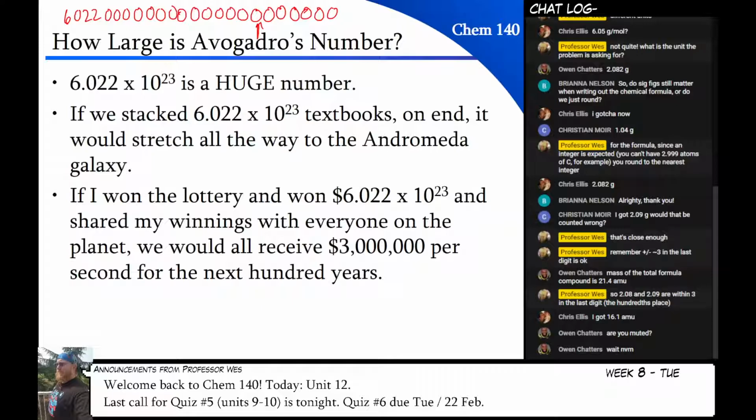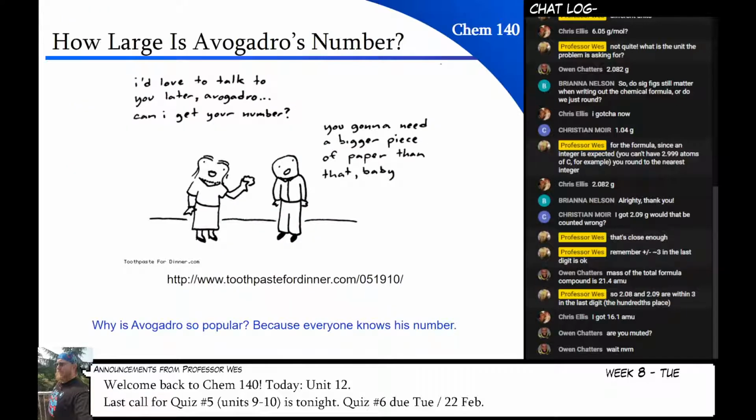You would out-Bezos Jeff Bezos by like 10 to 12 orders of magnitude, which is absurd to think about. You would need trillions of Jeff Bezoses to get a mole of money. Trillions. One of them has more wealth than anyone else on the planet. You'd need trillions of him to get this much money. And then Toothpaste for Dinner is a really silly comic that I just put this in here for.